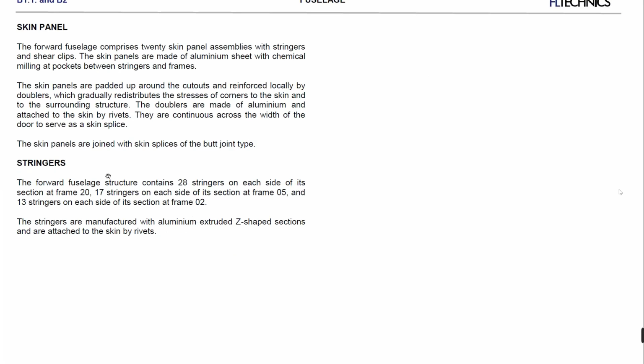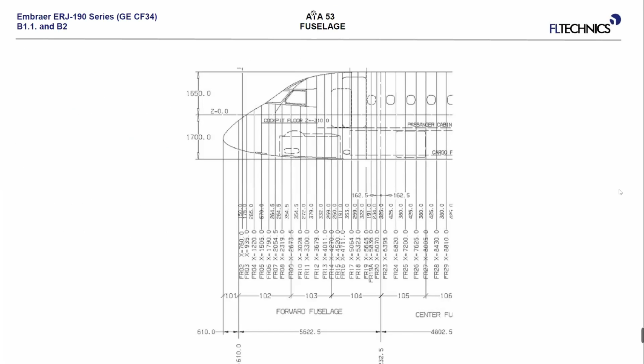Stringers, we have some specifics when you talk about the forward fuselage, because we have 28 stringers on each side on the section at frame 20. Then we have 17 stringers when we're at frame 5, and 13 stringers on each side when we talk about frame number 2. This is because here, you know, the stringers are passing like this.